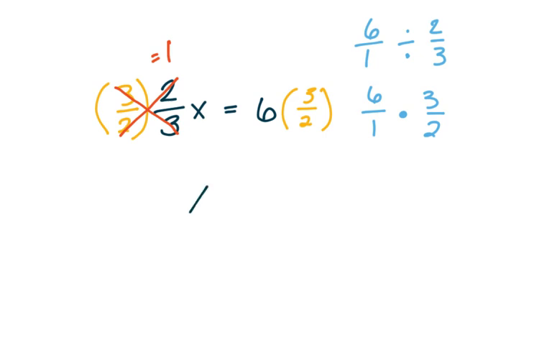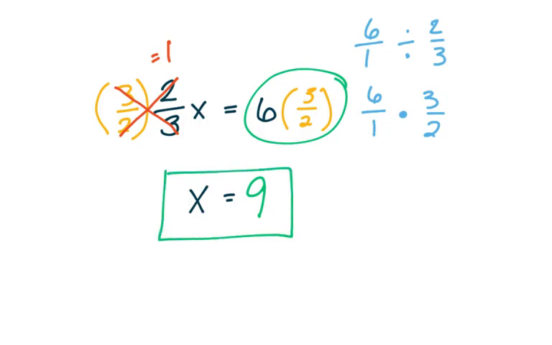So now we've got x equals, and then 6 times 3/2 is going to equal 9. Because 3/2 of 6 means that we would multiply the 6 times 3 to get 18, and 18 divided by 2 is 9. So that's how we work with the fractions. Instead of dividing by the fraction, which is much messier, instead we multiply by its reciprocal, and it goes much faster and easier.